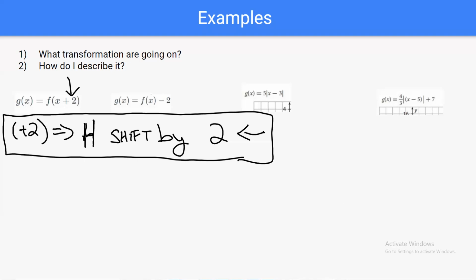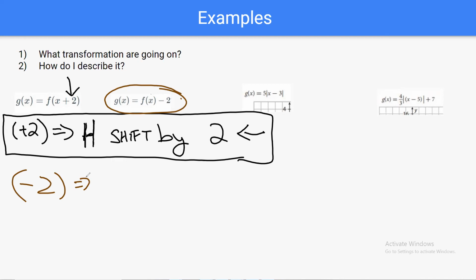This one here, the next one, how about the minus 2 on the outside?